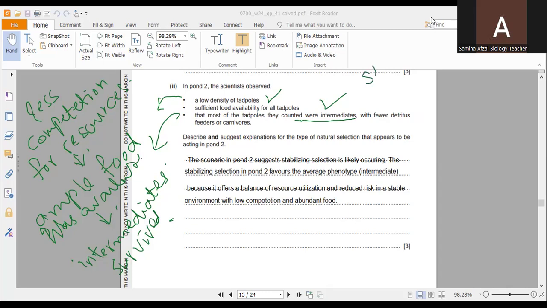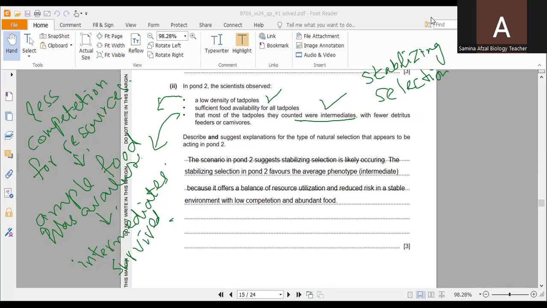This type of selection is stabilizing selection. Stabilizing selection, also known as purifying selection, is a form of natural selection that favors individuals with intermediate traits while selecting against individuals with extreme traits. The extreme type of organisms are eliminated or very few in number in comparison to the organisms which are intermediate, which depend on all types of food items or the food resources available to them.